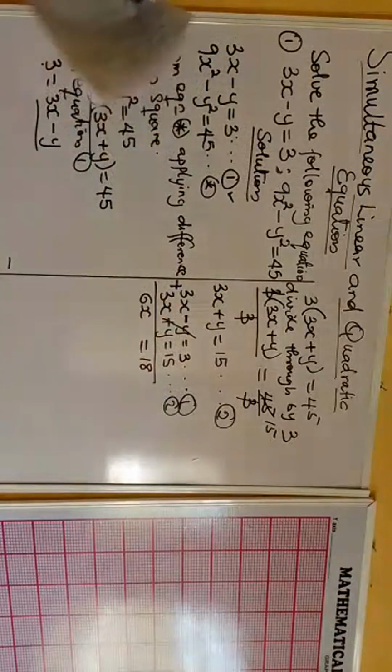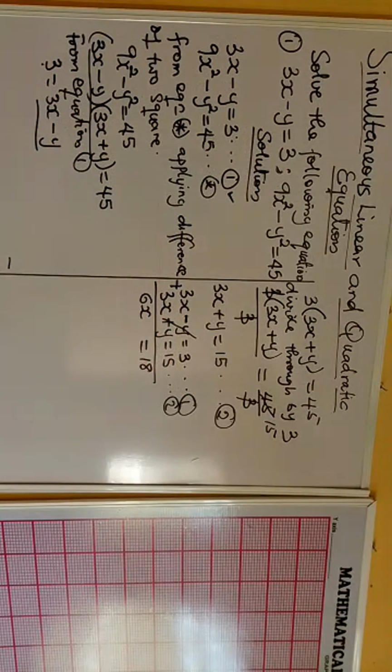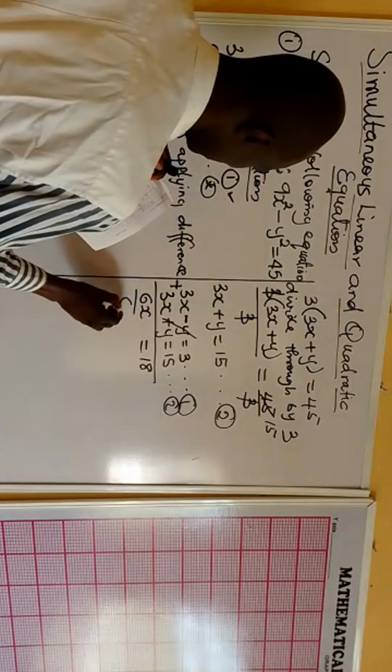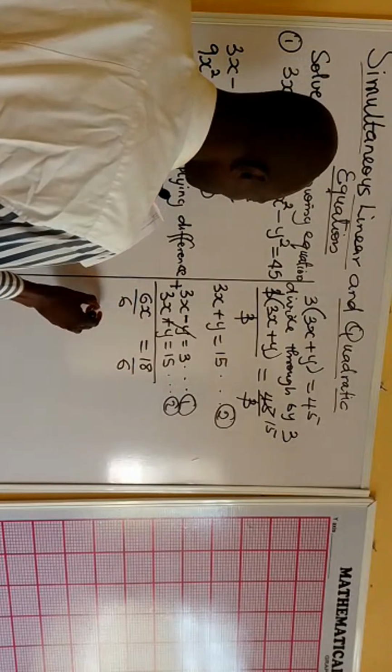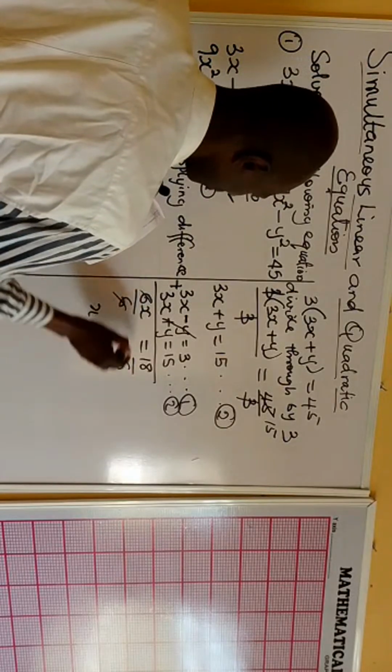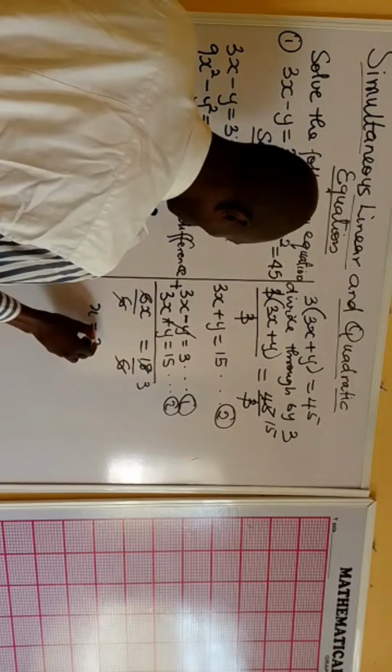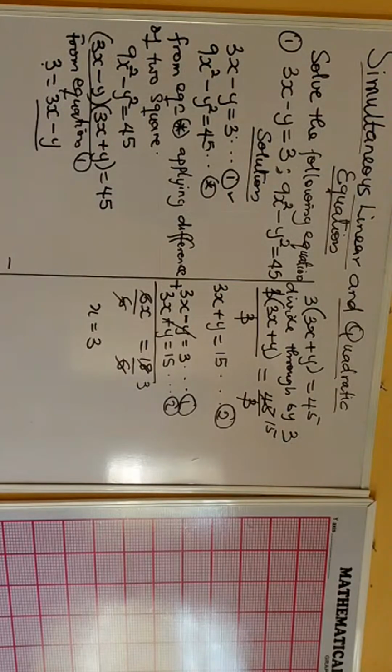Let's make x the subject of the formula by dividing both sides by 6. We cancel the 6, and 18 over 6 gives us 3. So x is equal to 3.